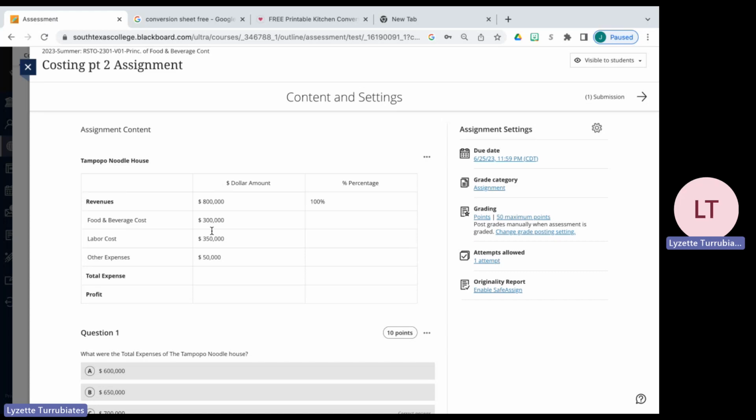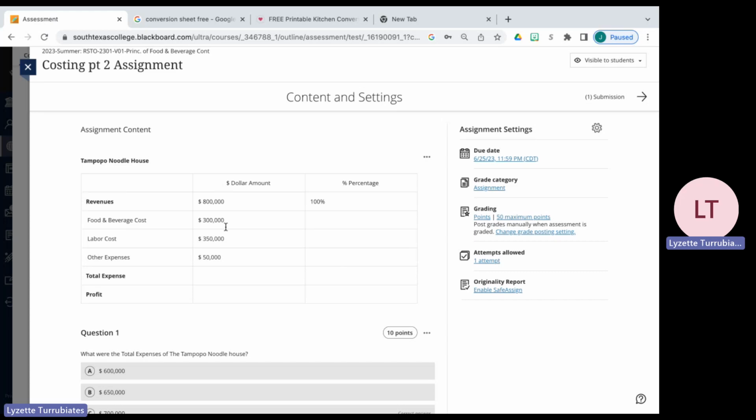And that's going to give us our percentage of food and beverage cost. So our food and beverage cost of 200,000 would turn out to be 25%.